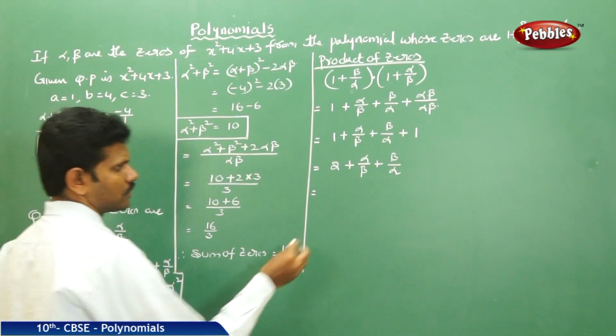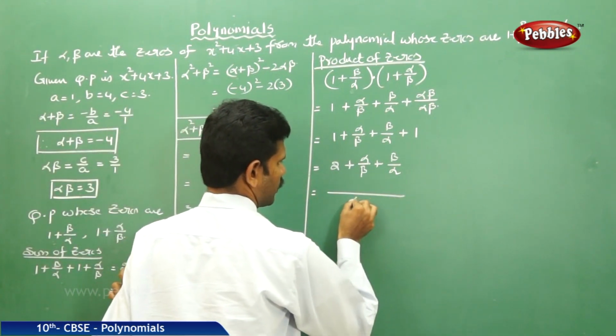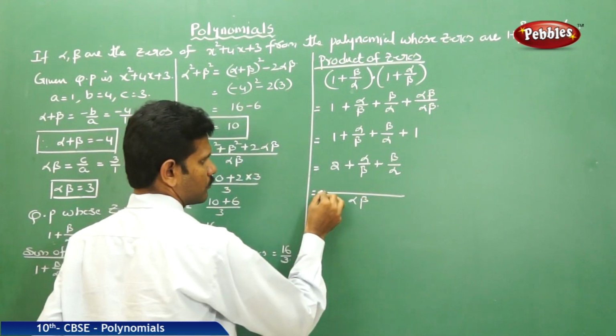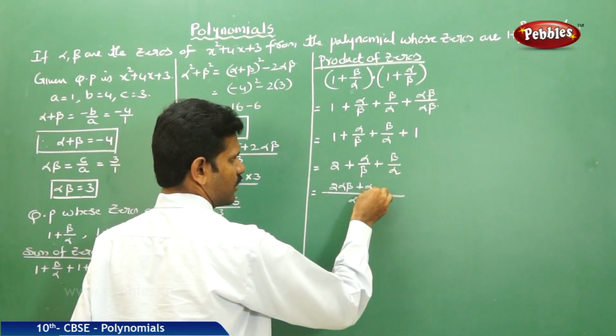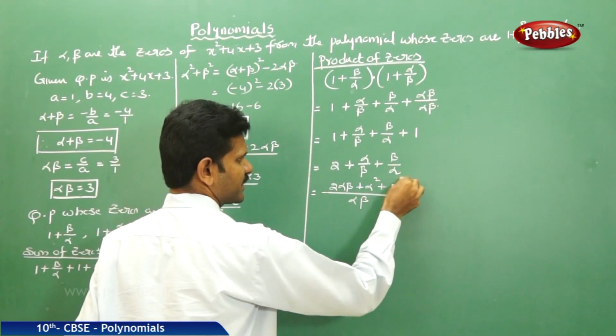see, alpha beta is the LCM: 2 alpha beta plus alpha square plus beta square.